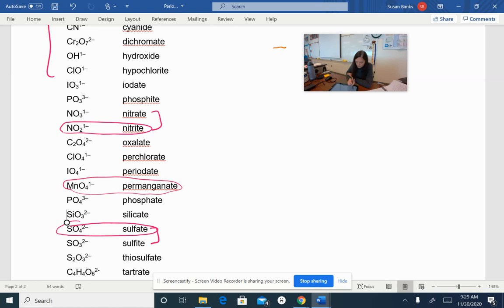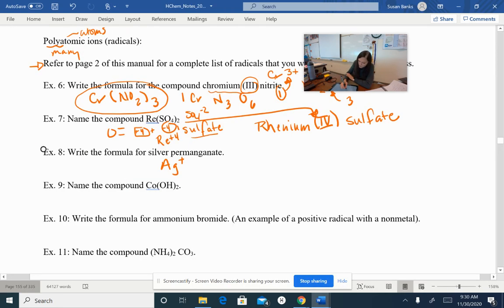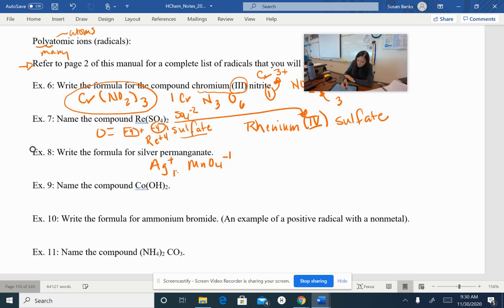Yeah, permanganate. It's MnO4, also negative 1. So silver is a positive 1, permanganate is a negative 1, so we need to find our least common multiple. It's 1. So I need 1 silver and 1 permanganate. So that is the formula for silver permanganate.